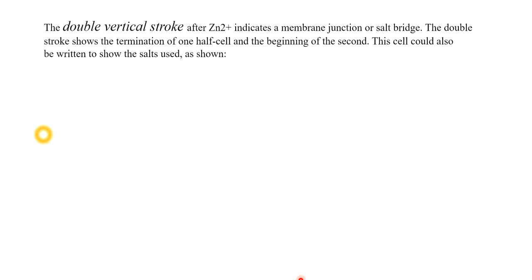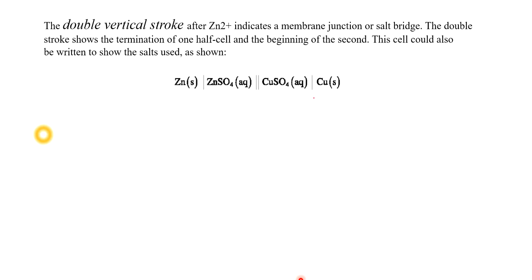I will tell you another method. We can denote it by two methods, the one you already saw, and another one, where instead of writing the ion, you write the salt and represent it with aq because it's a solution form.